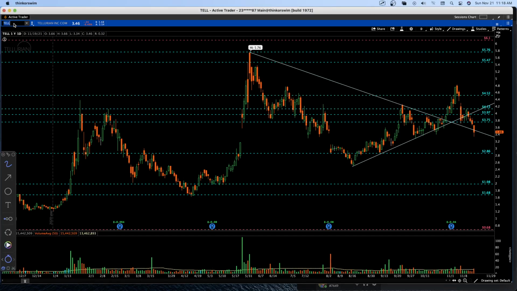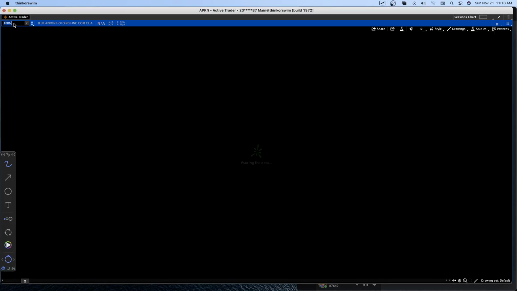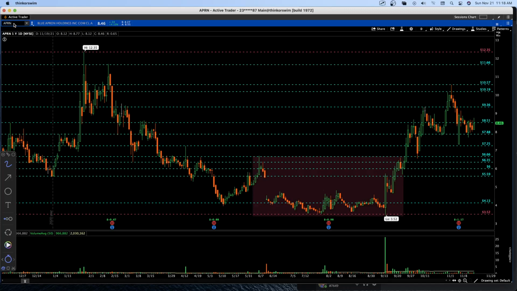Let's check out APRN, yet another one that I had posted in the swing trade channel as an idea. What we were looking for here was a breakout of this 666 level. We identified that it's a key level. Here, we showed support.